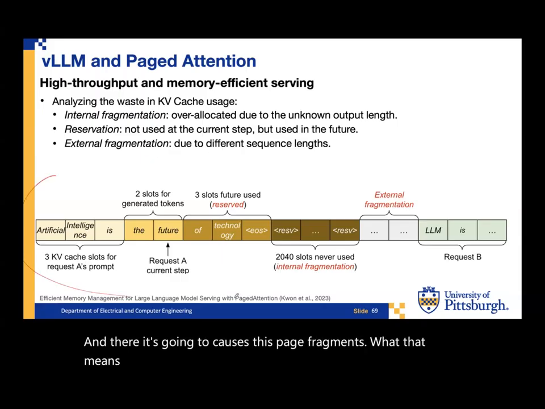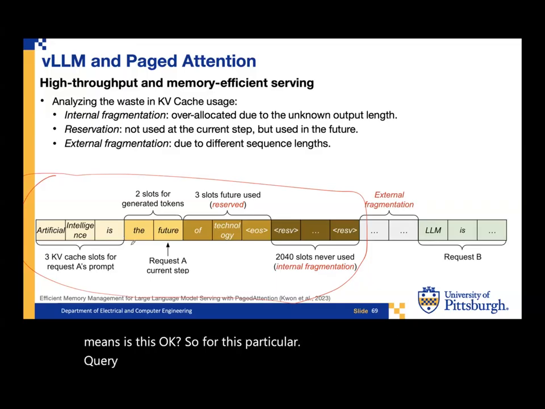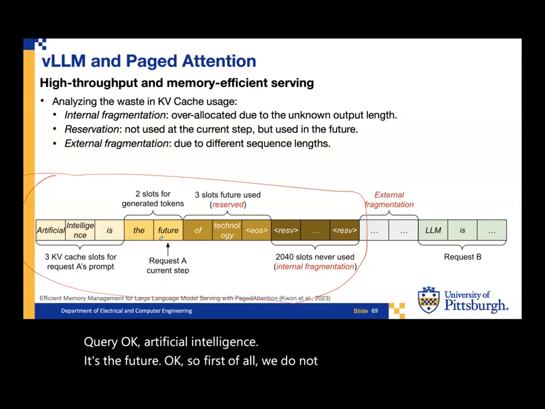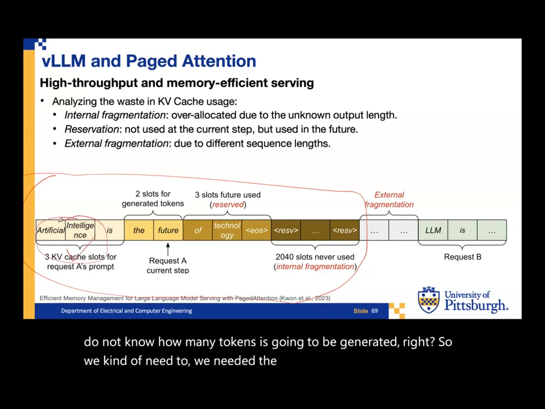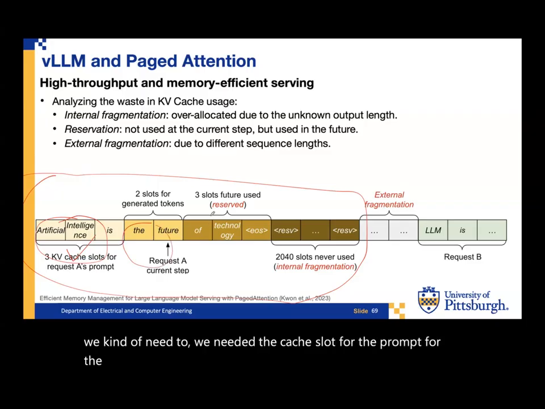So for this particular query, "artificial intelligence is the future," first of all, we do not know how many tokens are going to be generated, right? So we need the cache slots for the prompt for the current step, and reserve some of them for the future.